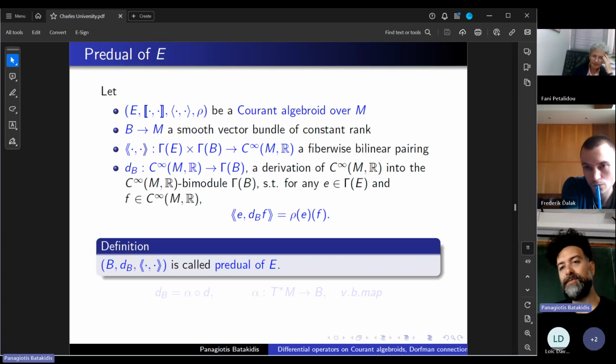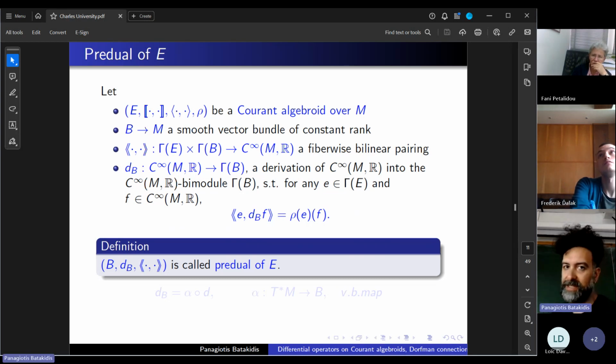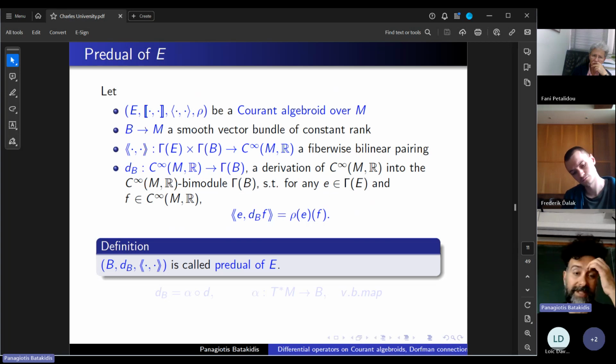So I cannot define Dorfman connections right away because you need more structure to define it. It's not only about a Courant algebroid. You need a second, companion bundle with it, and that's what we call the pre-dual of E. So the pre-dual of E is another bundle.